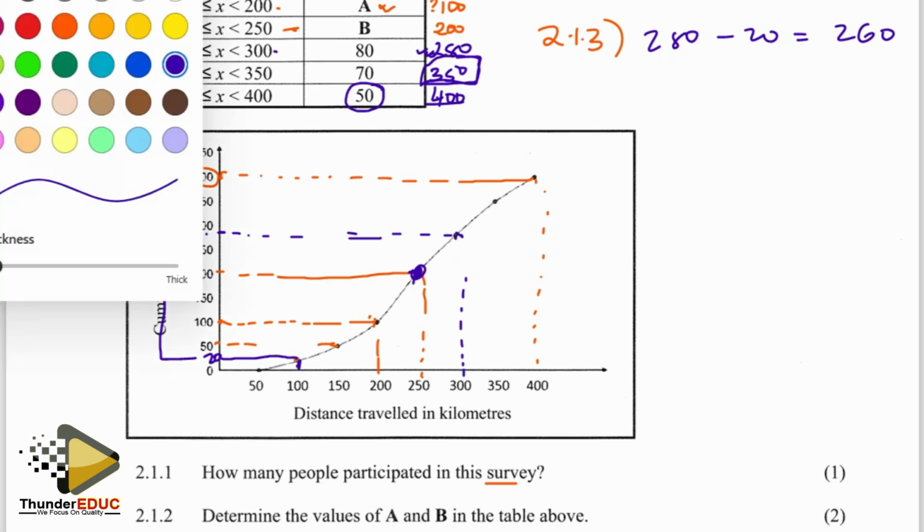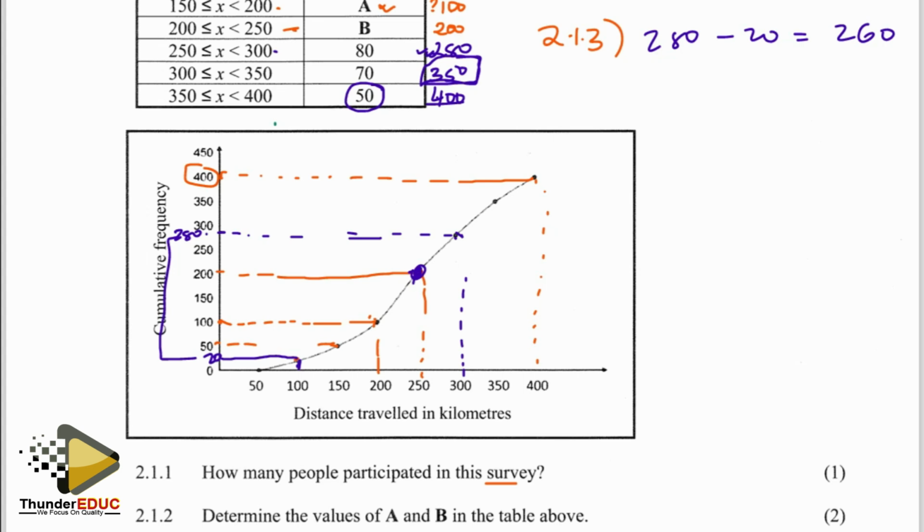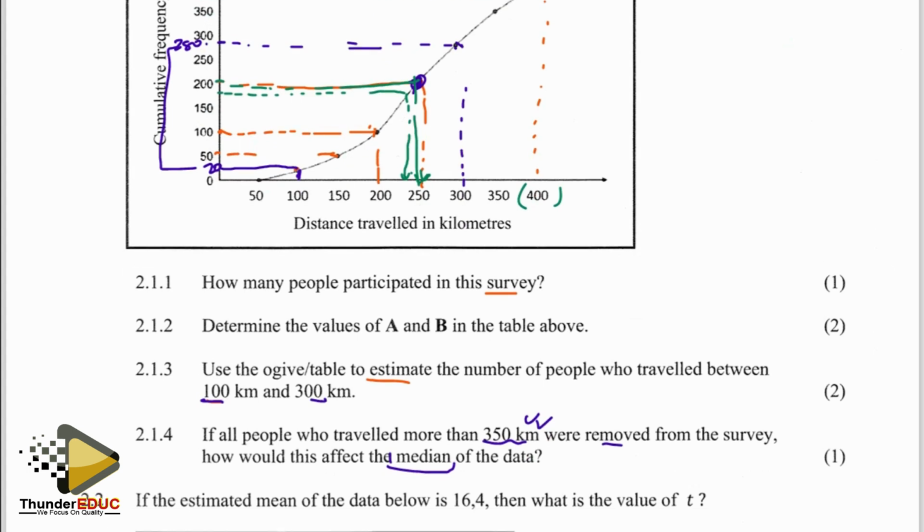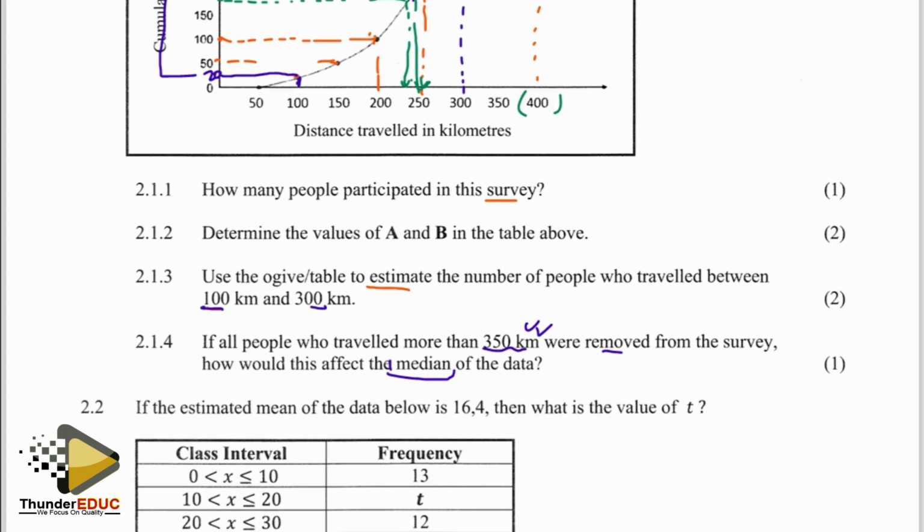If I locate 175, it would be somewhere there, which means my median would be roundabout that point. Initially it was 400, and half of 400 is 200, which probably means that the median is roundabout 250. So the question is asking, if all the people who traveled more than 350 were removed from the survey, how would this affect the median? So the median would reduce.